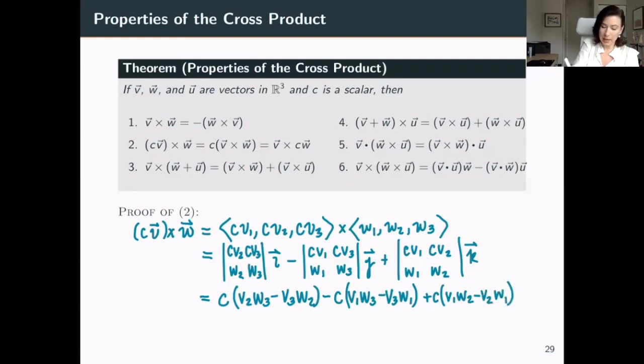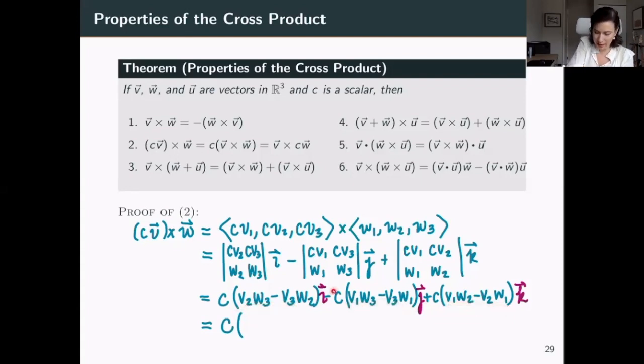Also remembering that we have our component vectors I, J, and K. We can then recognize that C is a common factor in all 3 terms in front of I, J, and K. Once we factor that out, we are left with this I, this J, this K, which, if we look carefully, each are the components of the cross product.